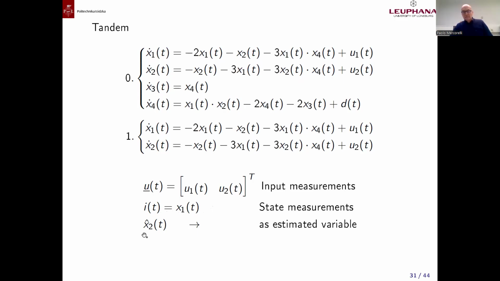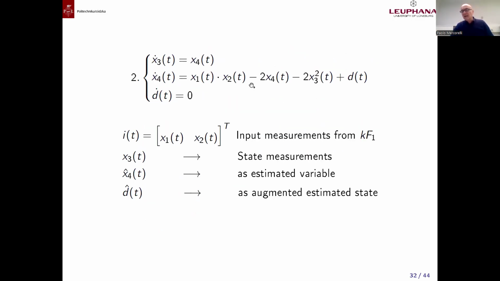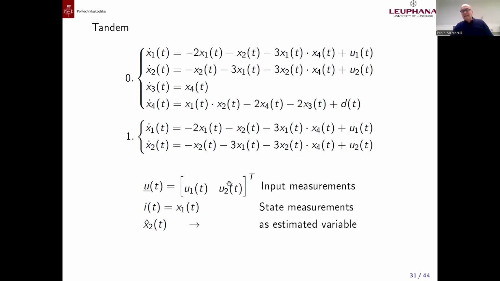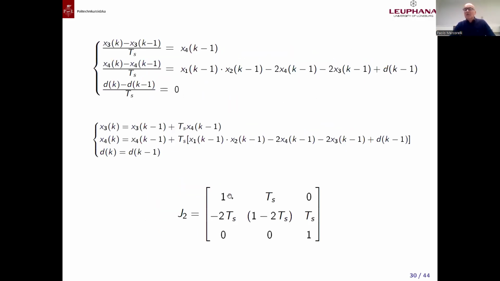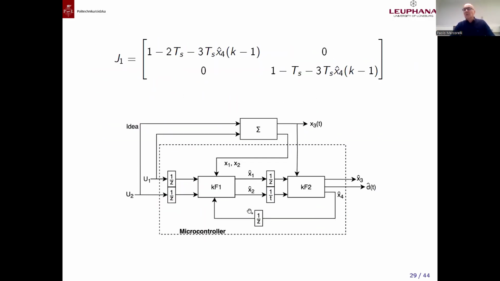X2 is an estimated variable which we will use for the second state, the second system. But of course, we estimate, let me say, we have many combinations. As I told you, the most used combination is this one, in which we pass both variables.